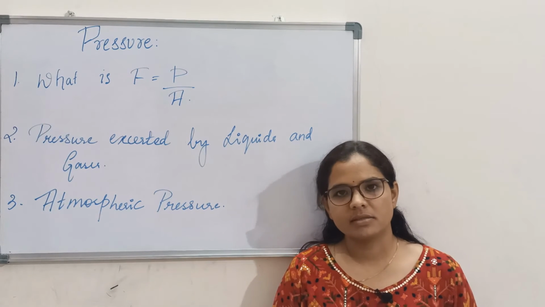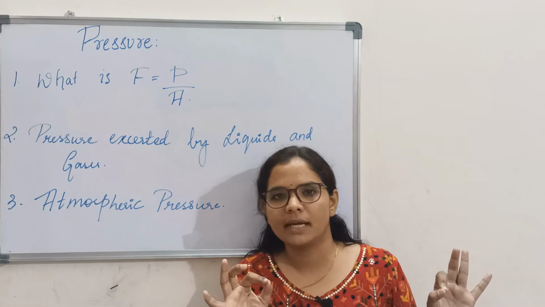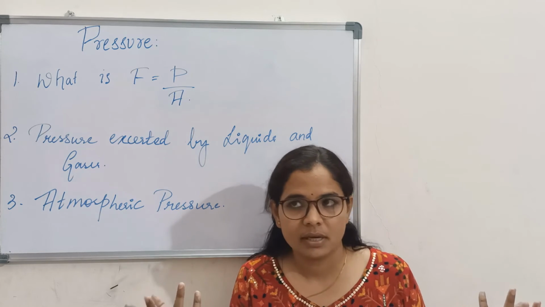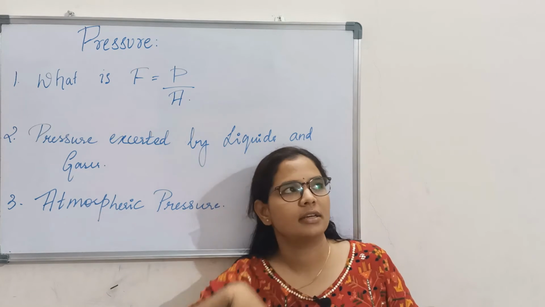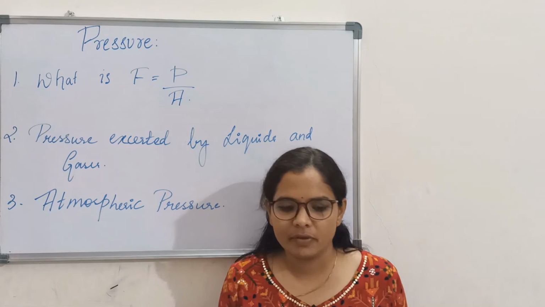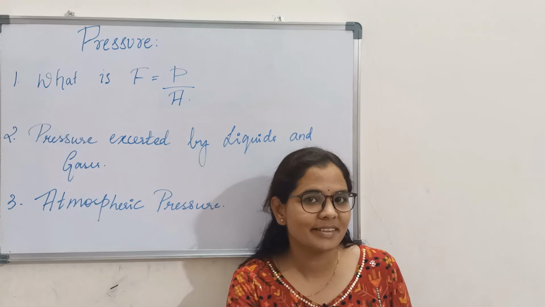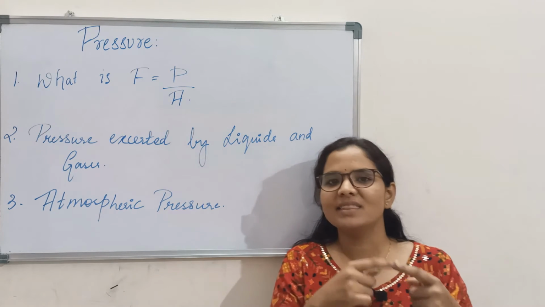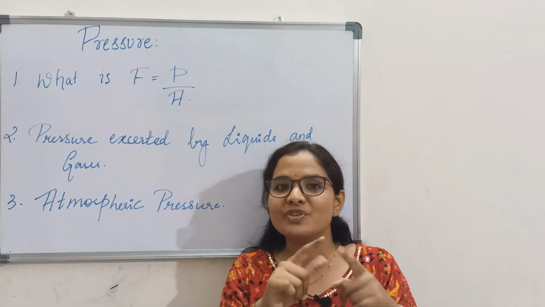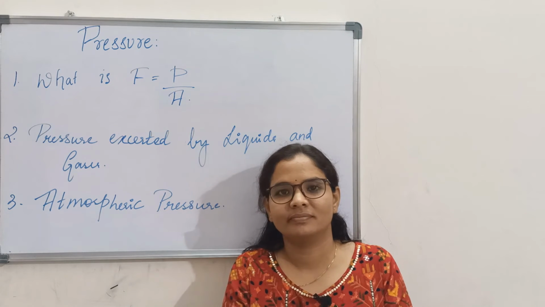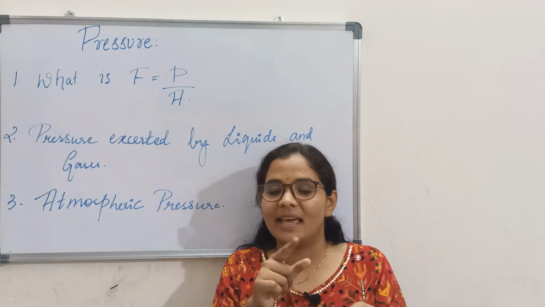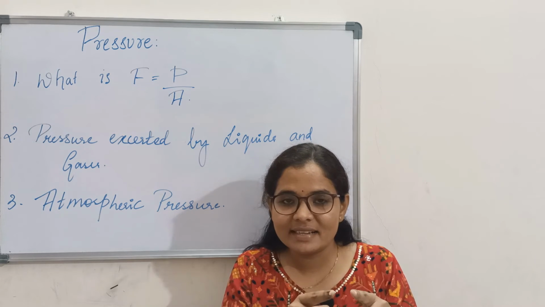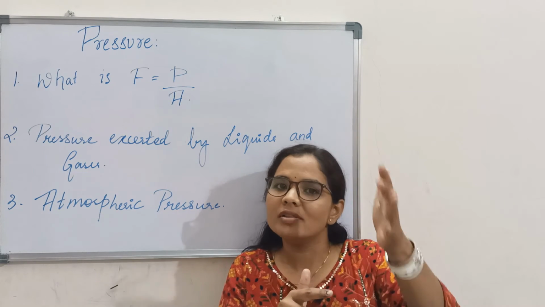So what about gases? Let's blow up a balloon and leave it in the room. What happens? It hits the wall, it hits the fan, it hits the light, it hits everywhere and falls down at last. So what does it say? The air in the balloon is exerting pressure on the walls of the balloon.